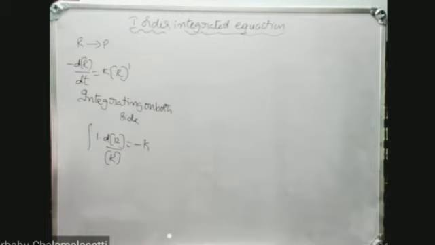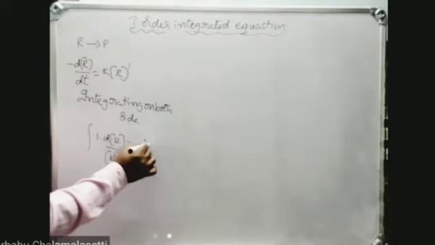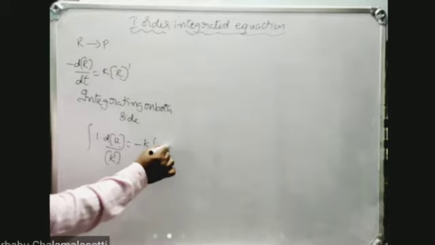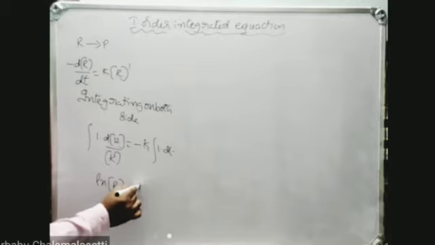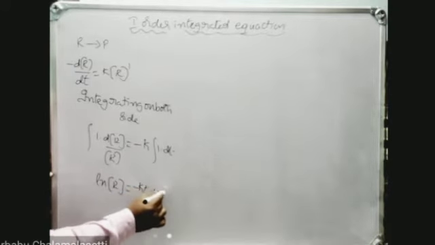You bring R to this side and dt to that side. Then integral of 1 by R gives ln R is equal to minus kt plus c.